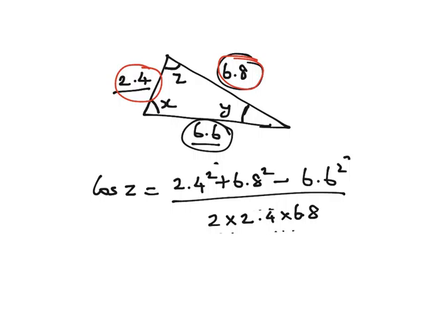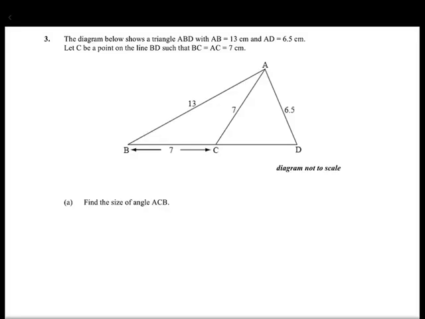So let us solve some more problems. Okay, let's look at this problem, students. The diagram below shows a triangle ABD with AB equal to 13 centimeters, AD equal to 6.5, and BC and AC is 7 centimeters. The question is find the angle ACB. That means I want this angle, so I'm going to take this as x. According to the cosine rule, cos x equals, the sides that make x are 7 and 7.